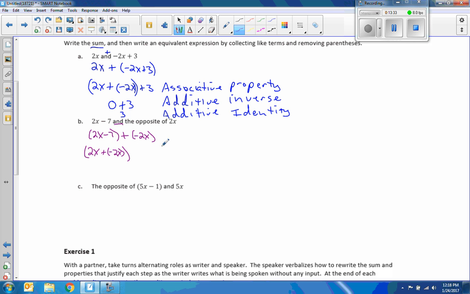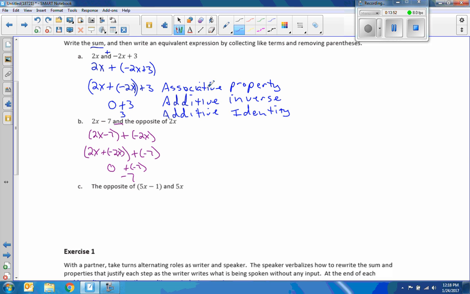I'm going to move the minus 7, or plus a negative 7, over to here. Okay? So 2x plus a negative 2x is 0, plus a negative 7, and then when I add anything to 0, I get that anything.